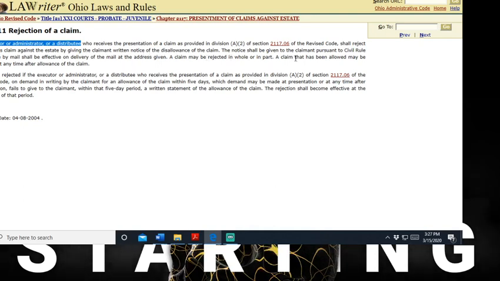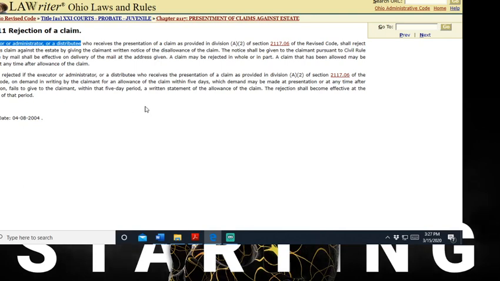The notice shall be given to the claimant under the civil rules. Notice by mail shall be effective on delivery of the mail at the address given. A claimant may reject in whole or in part a claim that has been allowed, may be rejected at any time after allowance of the claim.